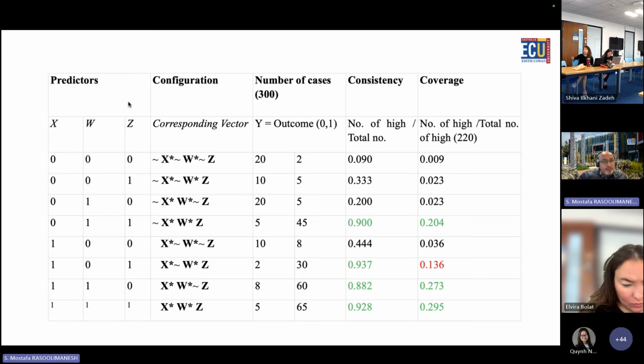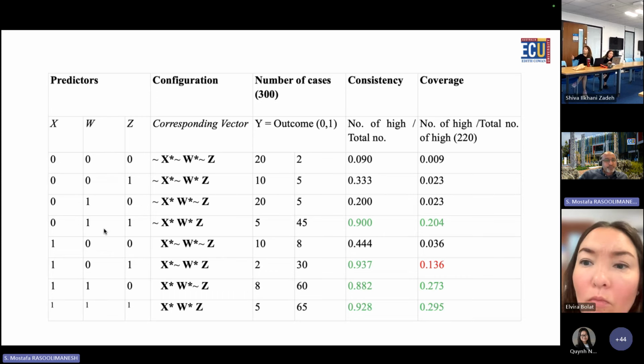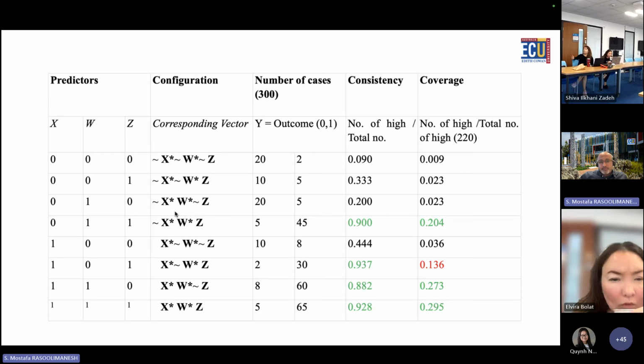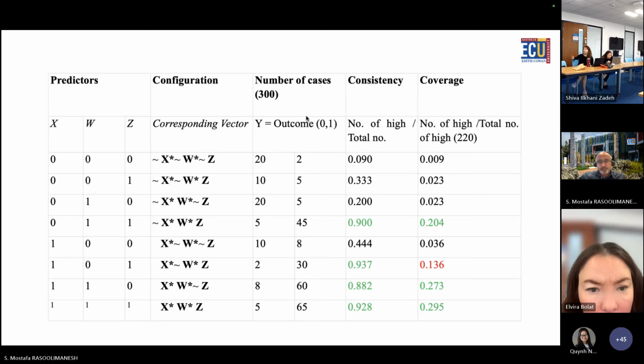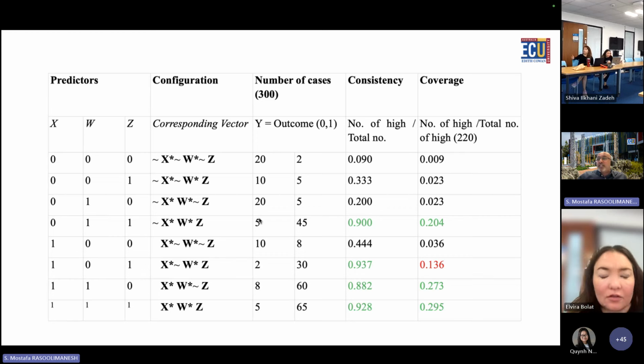row number 6, it's the negation of X and W and Z. So this is our combination or configuration of factors. The number of cases is 300. But 50 cases actually identify this combination.